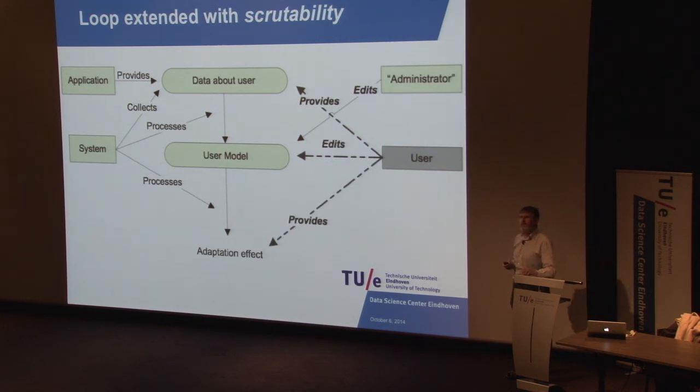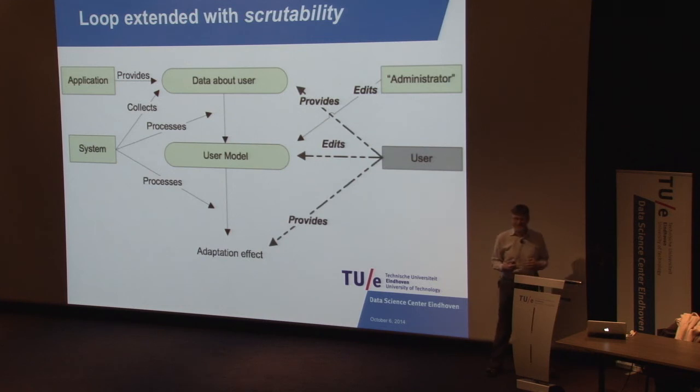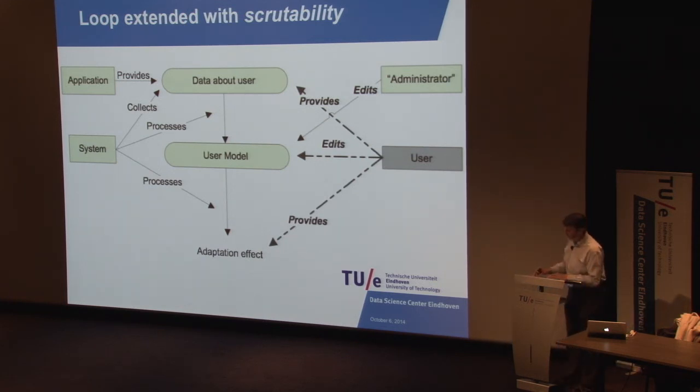Now, we're not allowed to have them correct just anything we want. Fortunately, the law still allows us to decide what the students' grades are for exams, even though that is, of course, user model information. The students do not have the right to tell us that the grades should be different. Right? We still have some say over parts of the user model.